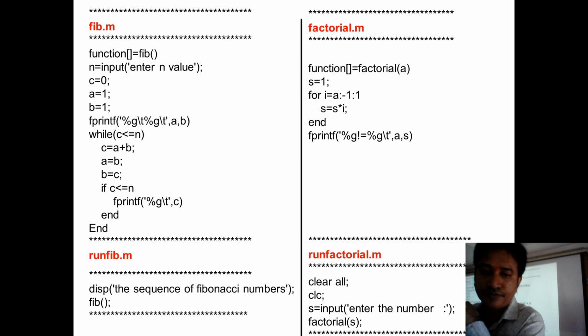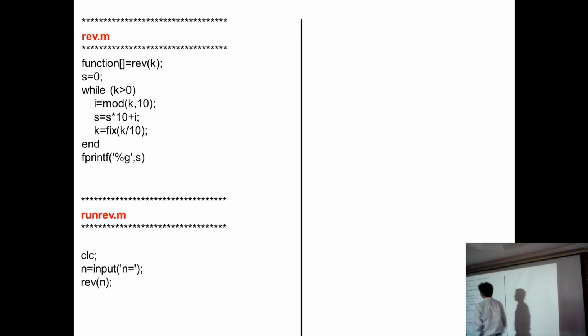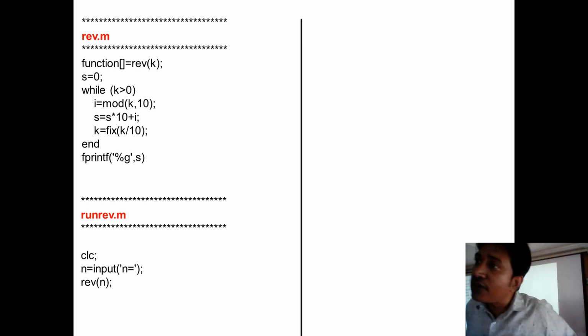Just look here. Finding the reverse of a number. The logic is the same. I'm just reading that input value and sending it as an argument. So in the practical exam, you may be asked to write a program using functions, which means you have to write like this only.